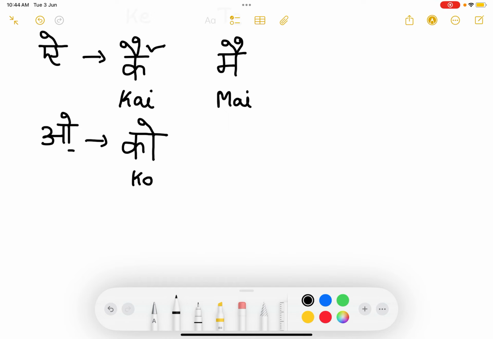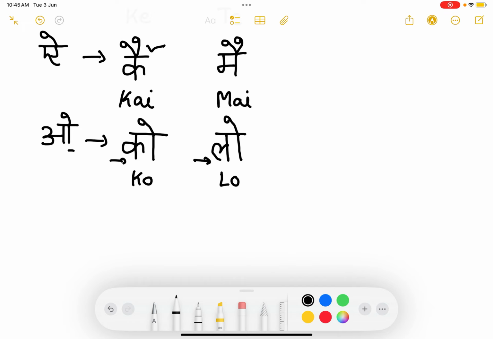Okay, let's try with another letter. Let's say la. Now I write a line after it and a slant arm on the top. This is lo. In all these matras, you would be noticing that for the base letters that we are picking, like k, l, the closed mouth sound is not required.